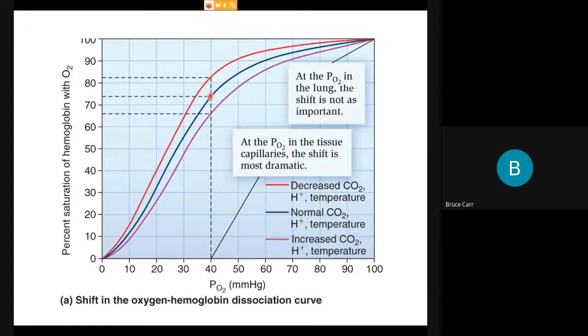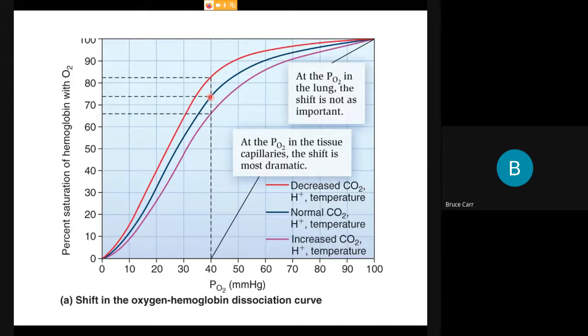But from this normal curve, where we establish the baseline for comparison, what happens when we start exercising? When we start exercising, the CO2 increases. Increase in CO2 means increase in carbonic acid, increase in bicarbonate, and that means an increase in hydrogen ion and a drop of pH. When we exercise, it also means an increase in temperature. So the purple line actually represents the conditions of exertion compared to rest.